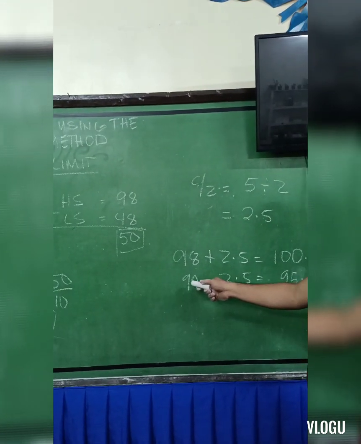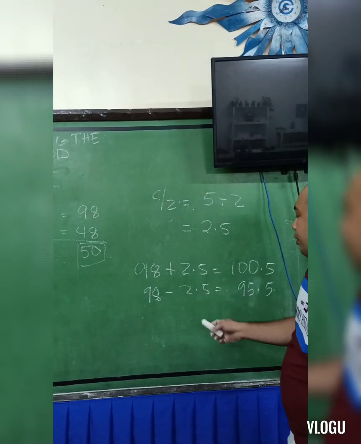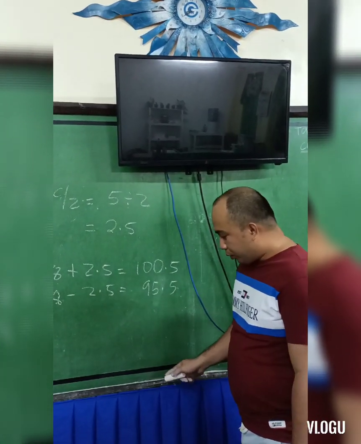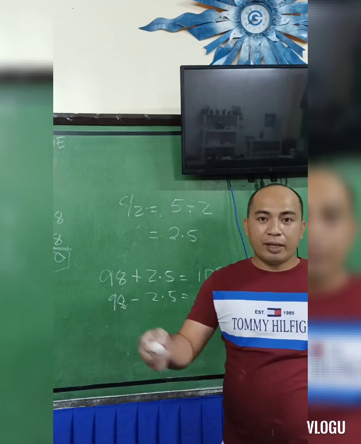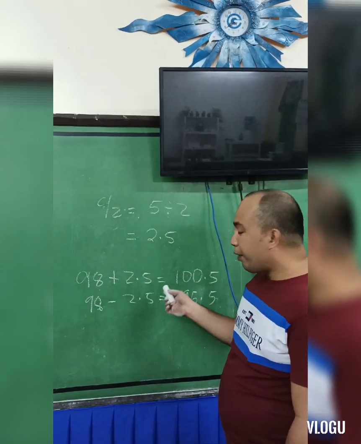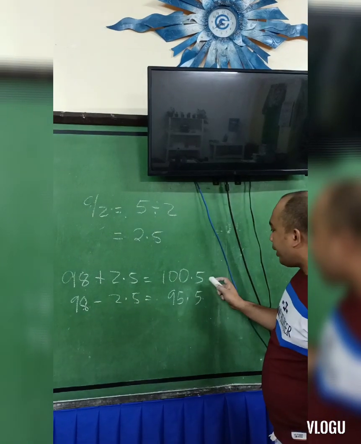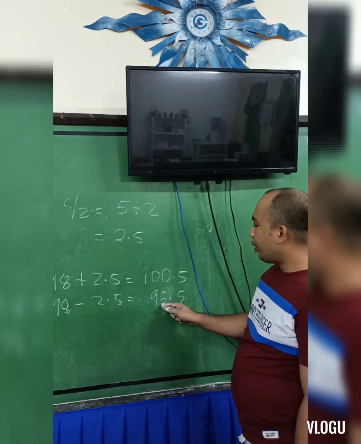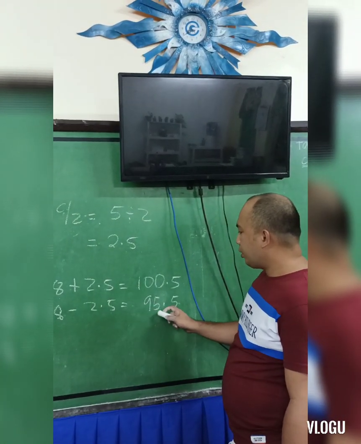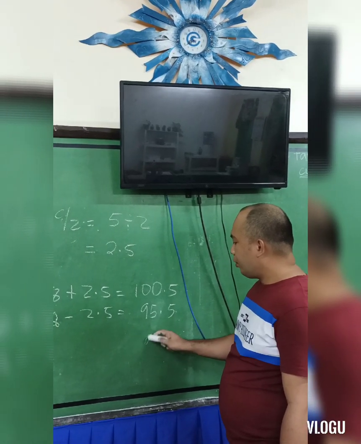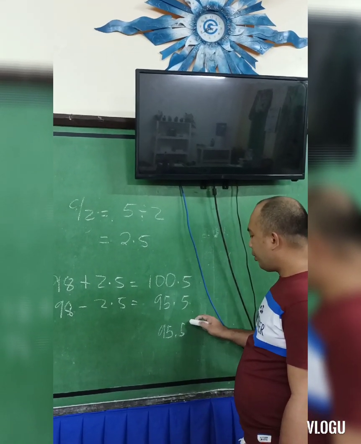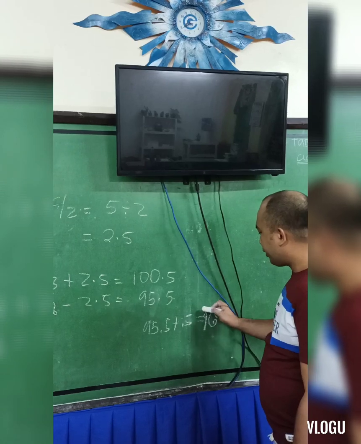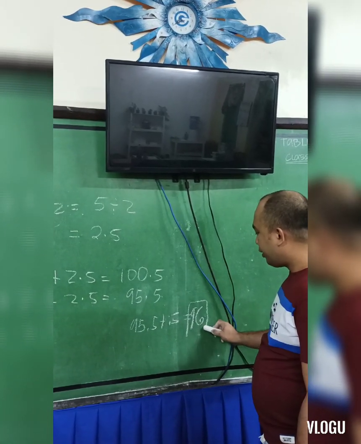Again, 98 minus 2.5 is 95.5. To convert it into the integral limit, or to have a whole number, we just add 0.5 to 95.5, which gives 96.